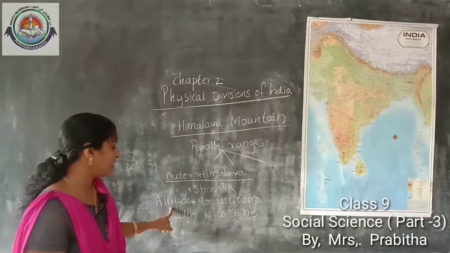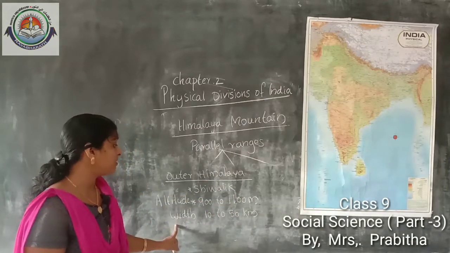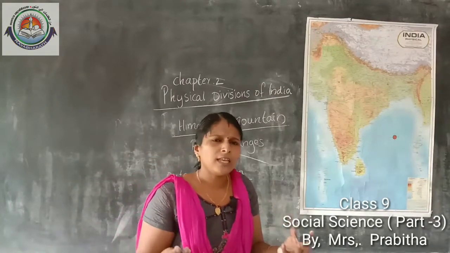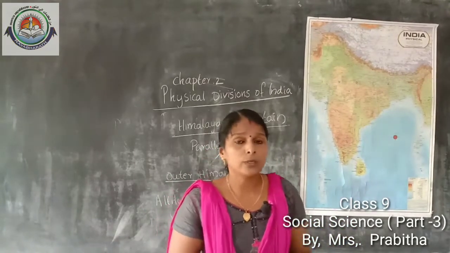Its altitude varies from 900 to 1100 meter, and its width varies from 10 to 50 kilometer, and it is thickly covered by gravel and alluvium deposited by rivers.